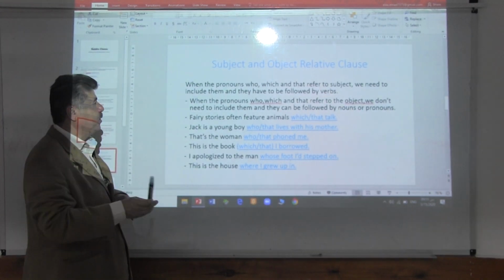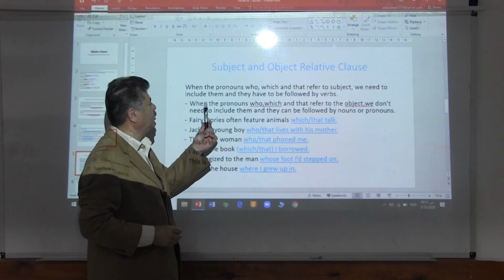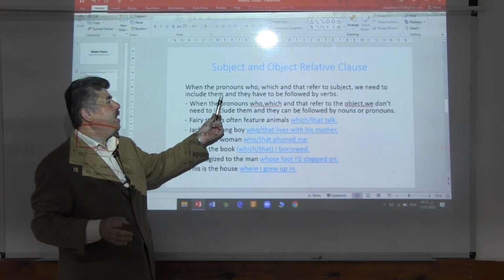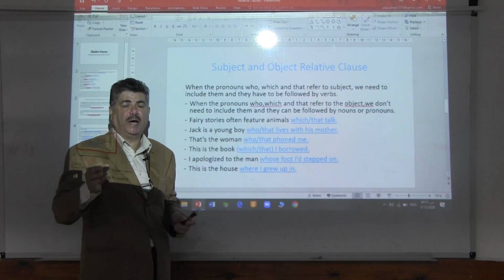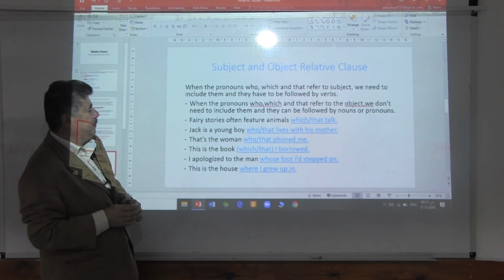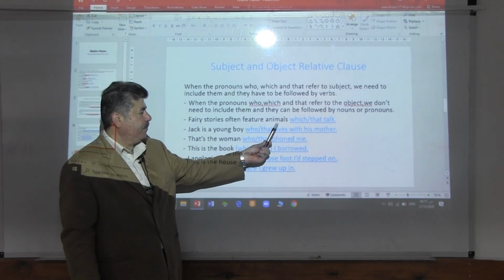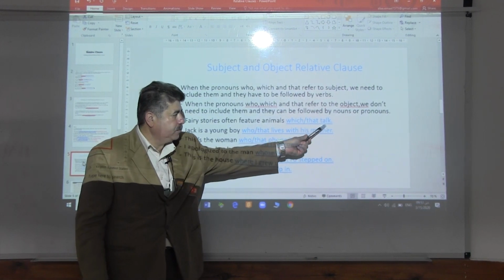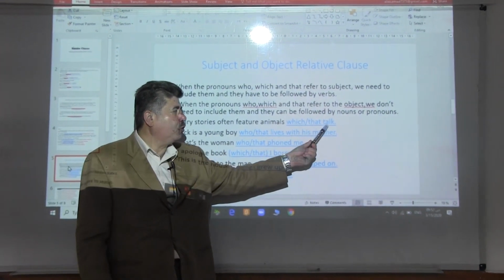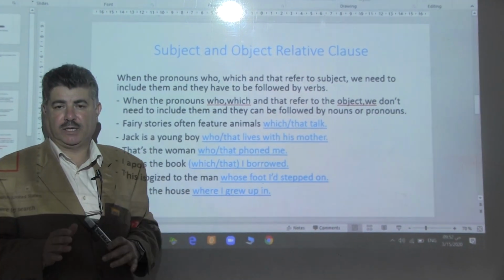about an object. When the pronouns who or which and that refer to the subject, we need to include them, and they have to be followed by verbs. We can't delete them. Look at the example, for example, this one. Fairy stories often feature animals which or that talk. Which or that is followed immediately by the verb. So here we are talking about a subject.